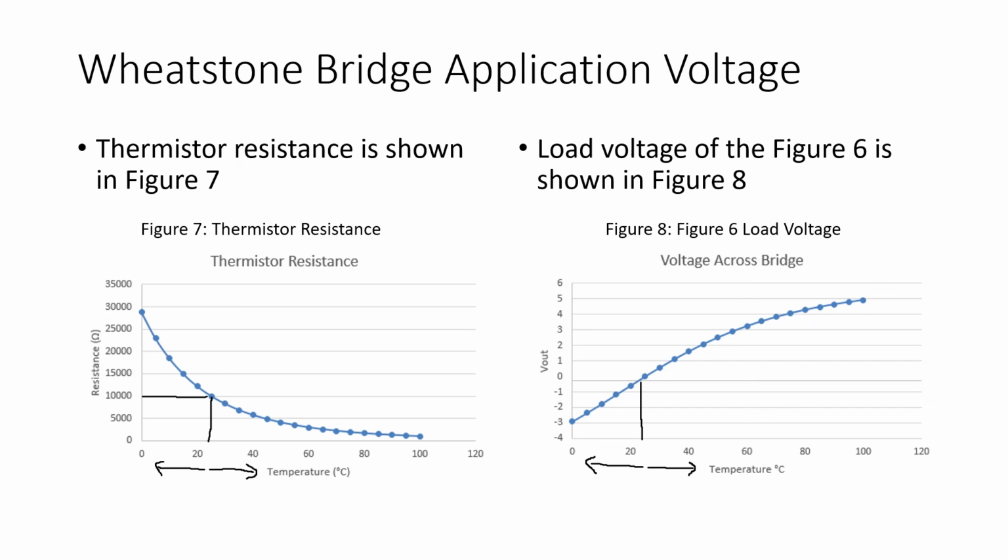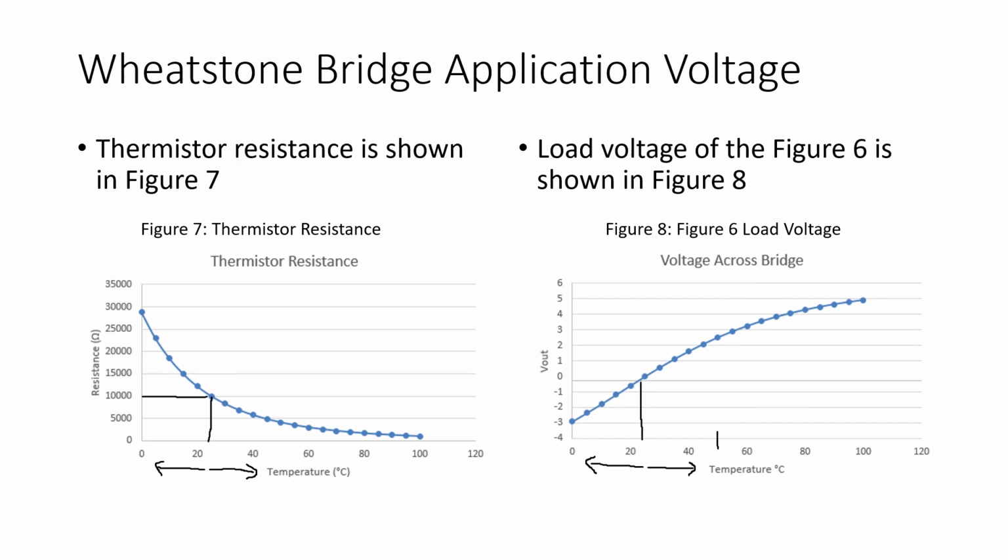Now, if you look at the graph of figure 8, notice that from 0 degrees Celsius to somewhere around 50 degrees Celsius, the response of the bridge circuit, or the voltage across the bridge circuit, is fairly linear, even though there's a very nonlinear response in the thermistor resistance from 0 to 50 degrees.